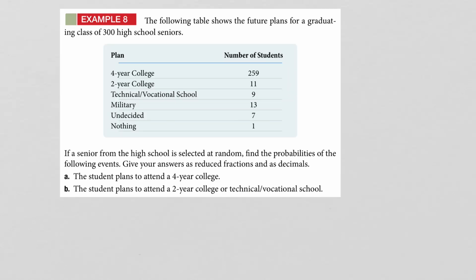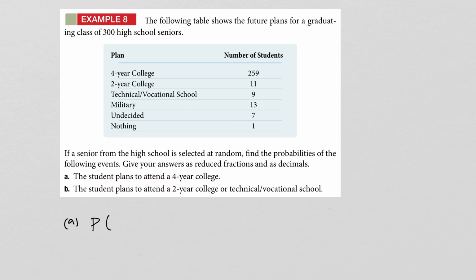And finally, the following table shows the future plans for a graduating class of 300 high school seniors. So out of those 300, 259 plan to go to a 4-year college, 11 plan to go to a 2-year college, 9 plan to go to a technical or vocational school, etc. So from this group, if you randomly choose a person, what is the probability that the student plans to attend a 4-year college?